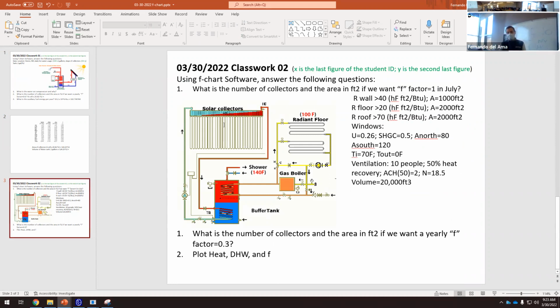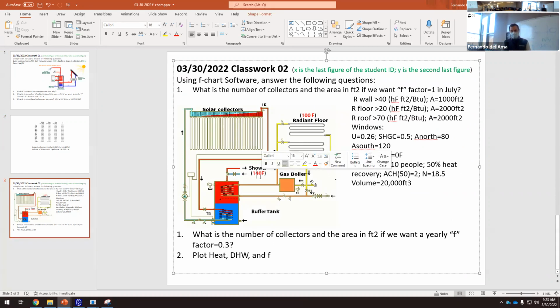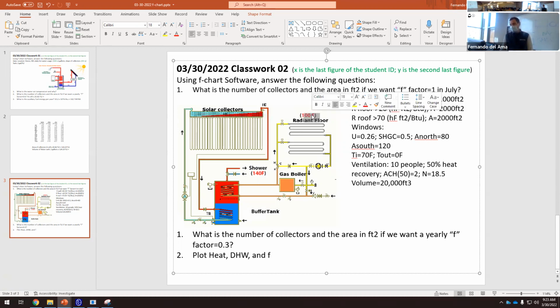Okay, so we have collectors here, and then we have a tank. We have domestic hot water at 140 Fahrenheit, and then we have a radiant floor heating system. Usually the radiant floor temperature is not 140, that's too hot.